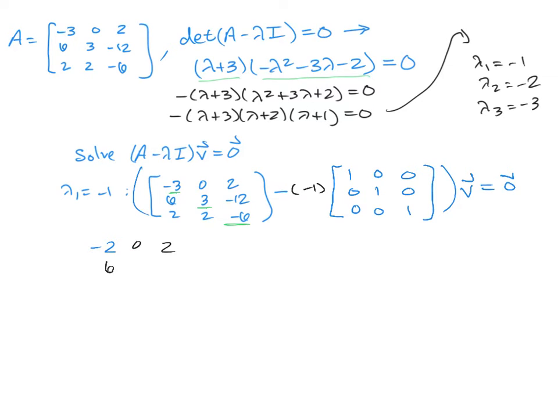The 6 stays the same, but now 3 plus 1 bumps that up to a 4. The negative 12 stays the same, the 2's stay the same, and negative 6 bumped up by 1 makes negative 5. And now we have to take this matrix and put it into row-reduced echelon form.